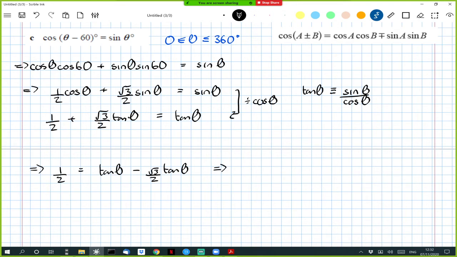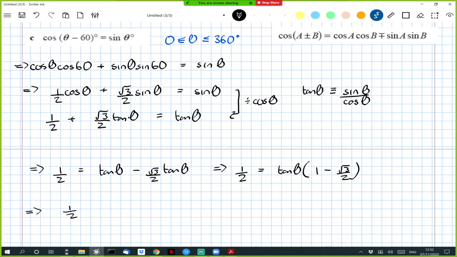Let's get all the tan thetas in one place now, which means that 1/2 equals, if we factorize out the tan θ, we get 1 minus root 3 over 2, dividing by that number.